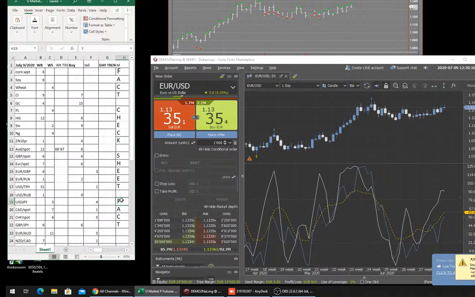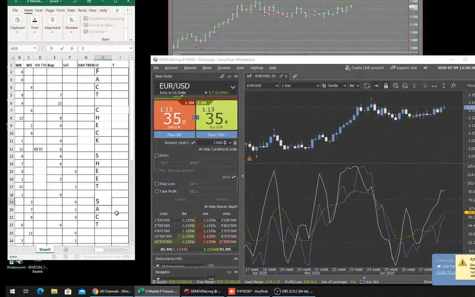So this should be like S, and then this one should be H, and then E. That's not a cat. Let's do an E here, E and E, and put a T in there like that. Oh, what kind of T is that? Oh, we got to make that larger.